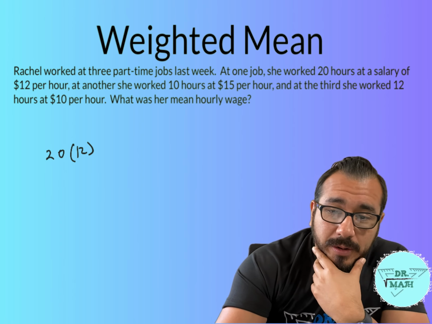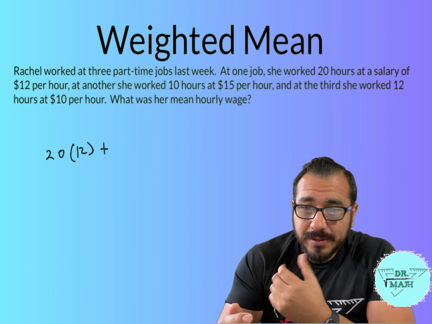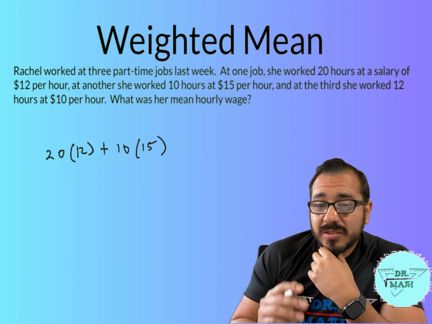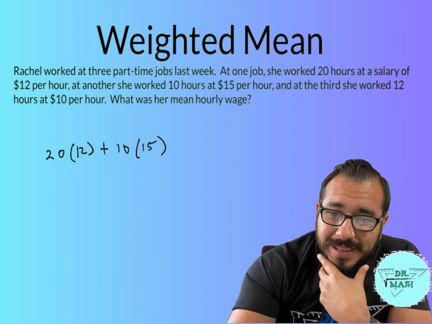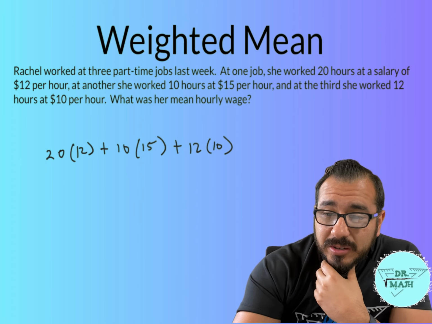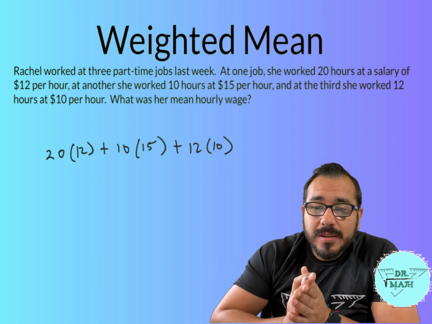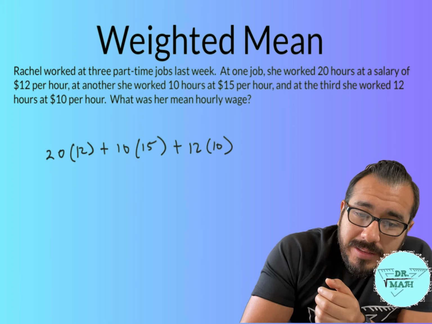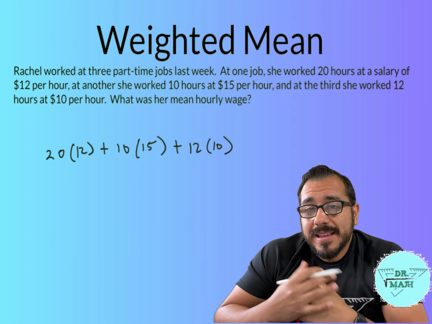And I'm going to add it to how much she earned at that second job, so we take that 10 and multiply it by 15. That represents her total for that second job. And then she worked 12 hours at $10 an hour for that third job. When we add those three products, that's going to give us the total amount of money that she made.